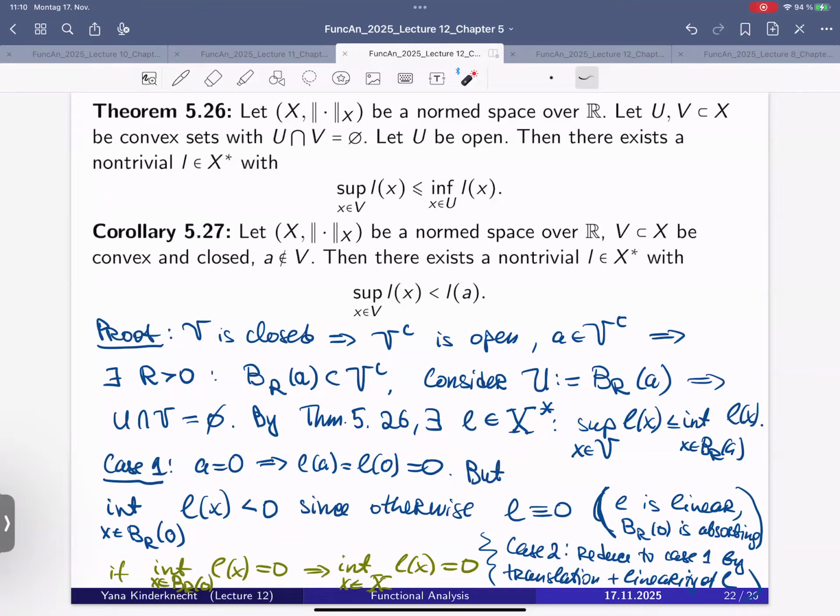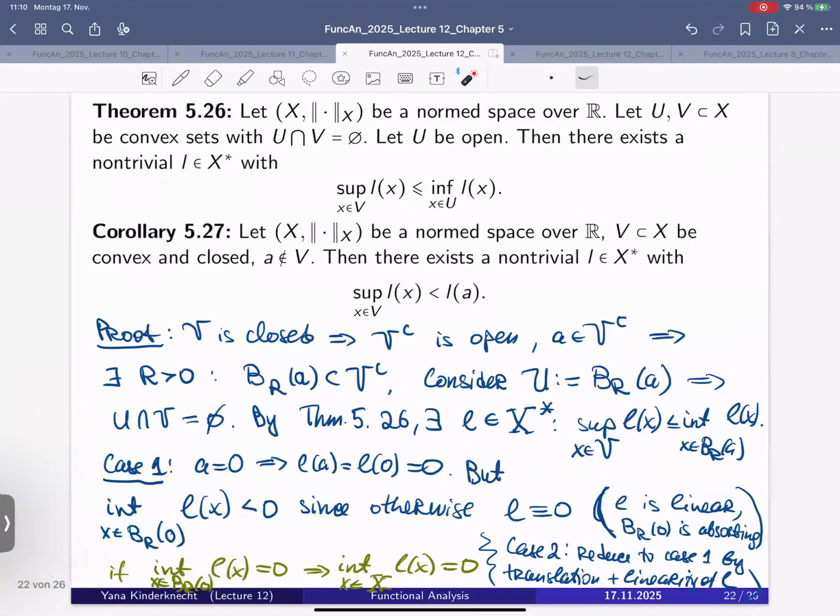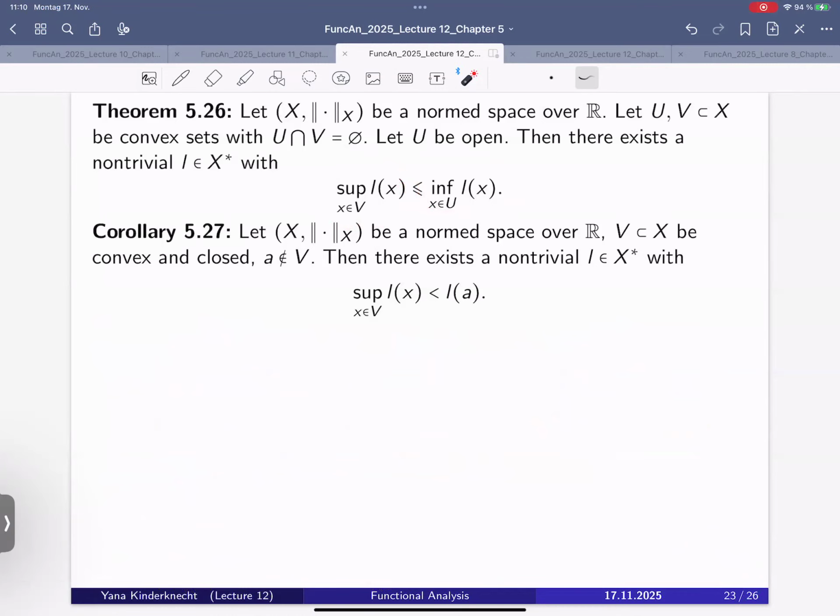For any convex set, the supremum or infimum of a linear functional over the set are taken on the boundary of the set. The boundary may belong to this set or not, but nevertheless. Okay, so we have proved it.